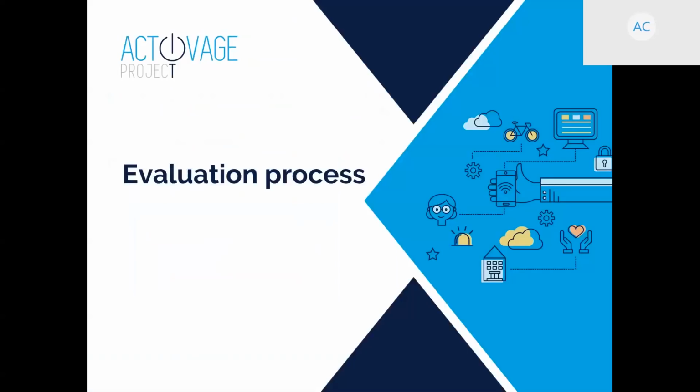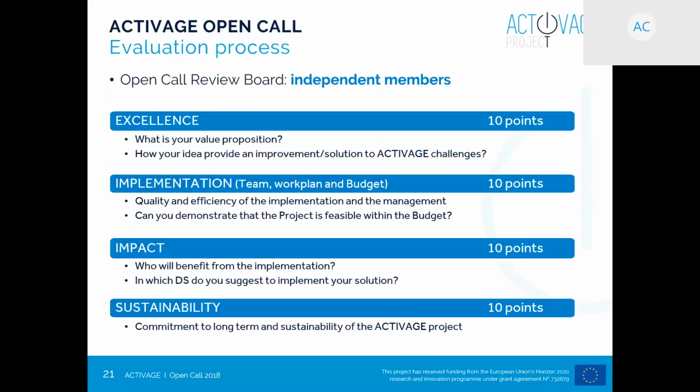After that, the evaluation process will be done by an open call review board formed by independent members. This means that none of the current partners in the ACTIVAGE project will be included in this open call review board. Basically, they will evaluate the proposals according to these 4 points.